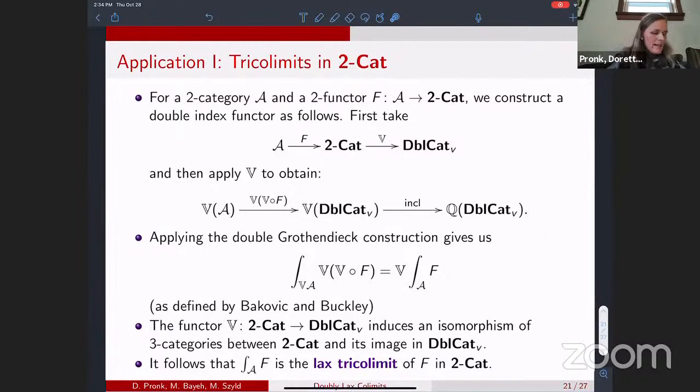So we get that this colimit here, since this is being mapped to the colimit over on this side, is itself the lax tricolimit of F in two cat. So we end up with a nice colimit result for Buckley's and Bakovic's construction.